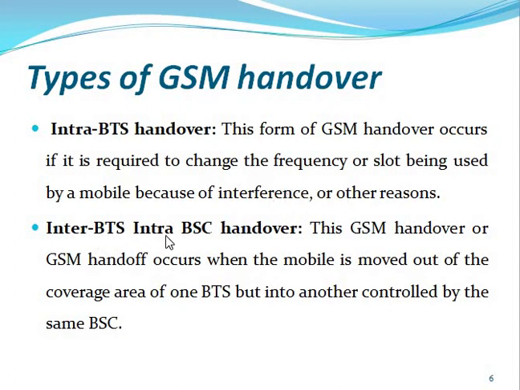Inter BTS and intra BSC handover. In this GSM handover, the handoff occurs when the mobile moves out of the coverage area of one BTS to another BTS controlled by the same BSC. So इसमें क्या होता है कि आप कोई नेटवर्क को मूव कर रहे हो तो आपके जो कवरेज है पर्टिकुलर लोकेशन में, तो किस बार उस नेटवर्क से सिग्नल को रिसीव नहीं पा रहे हो, लेकिन उस टाइम भी उसको मैनेज करने का वर्क BSC करेगा.